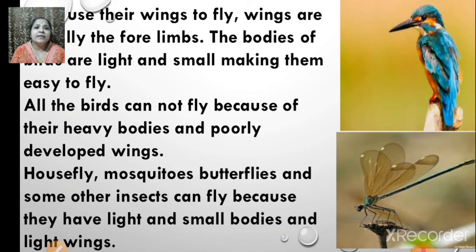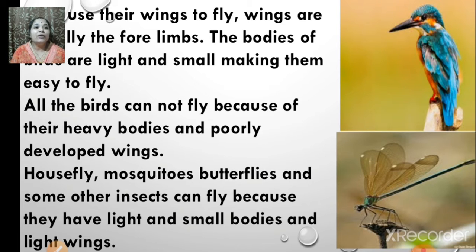Now, few insects also fly. So, how can the insects fly? You must have seen insects in the house flying. Which are they? Yes, you guessed that right. They are mosquitoes, houseflies, some bees, even butterflies. So, these insects can fly because they have light and small bodies and light wings.